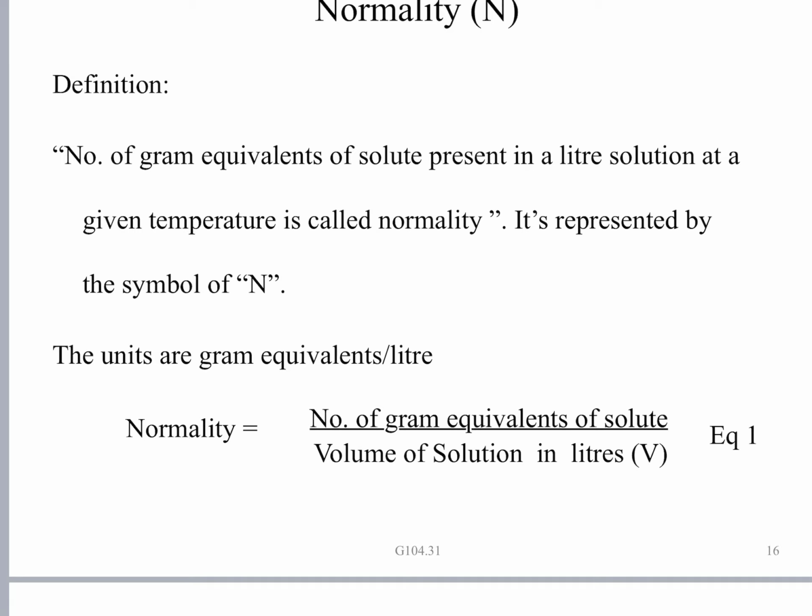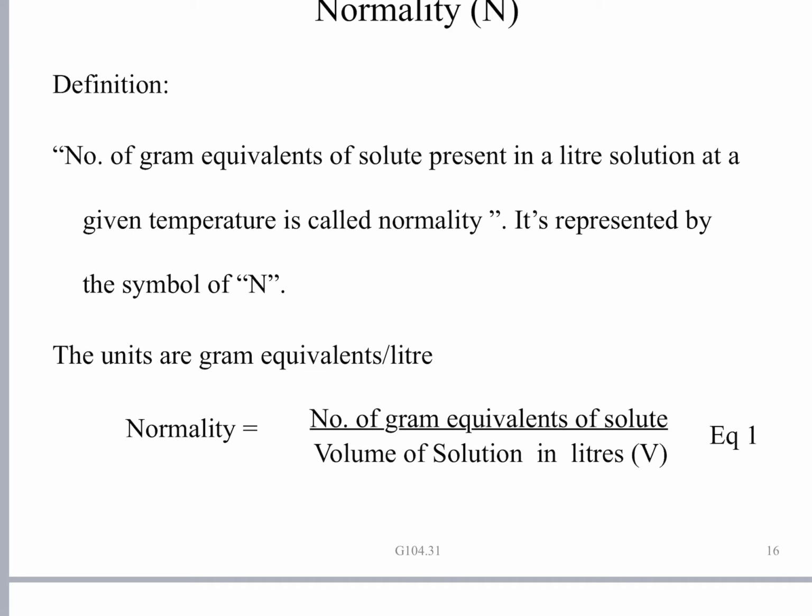When you come to electrochemistry, we will discuss that again. The definition of normality is the number of gram equivalent weights of solute present in 1 liter of solution at a given temperature. It is represented by the symbol N. In the case of molarity, we have seen it is the number of gram moles or gram molecular weights.